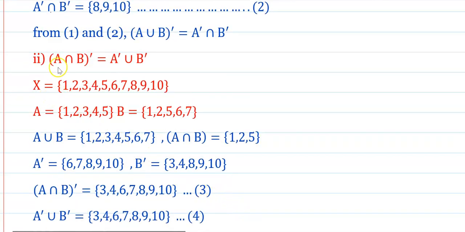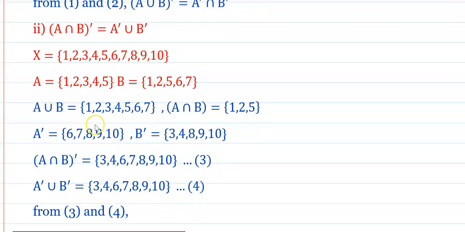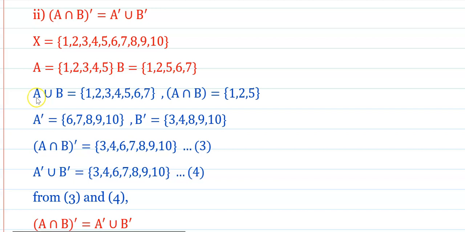What about the next? (A intersection B) complement is equal to A complement union B complement. Again, first we find out the A union B. And the next, their intersection is 1 to 5. Next A complement, B complement.